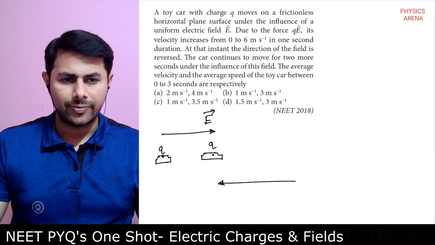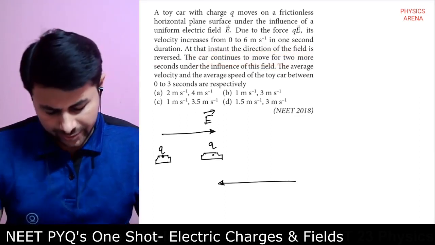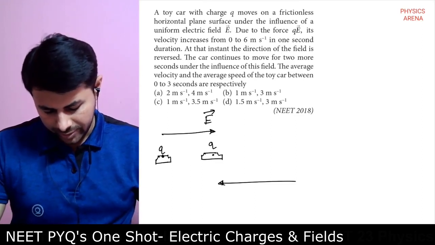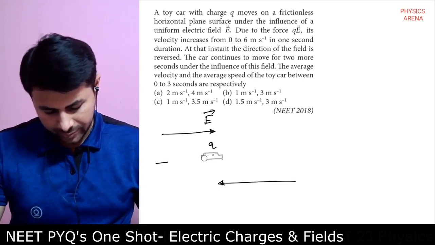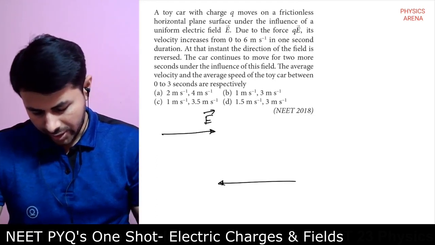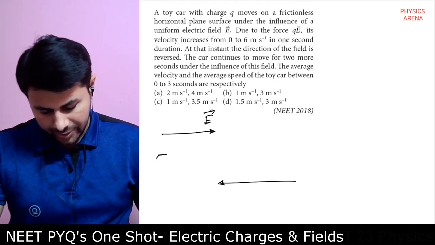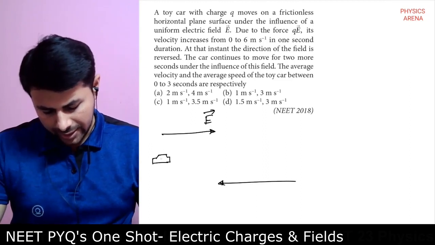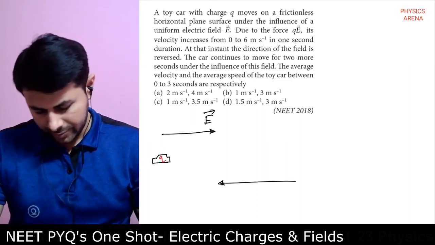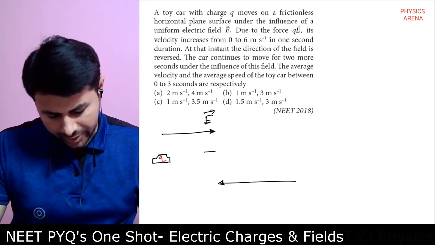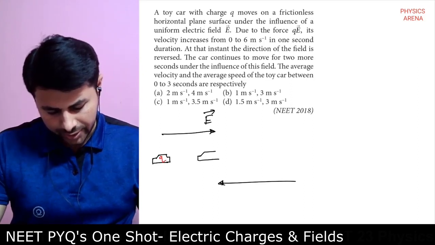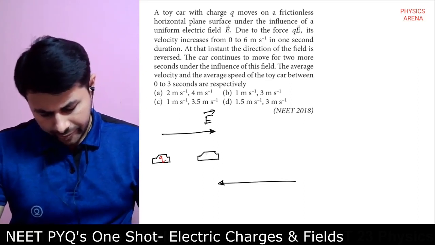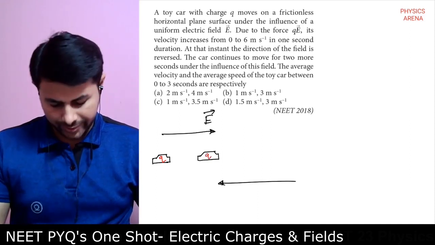Let me explain it once again. So you have a toy car which is kept in a uniform electric field, and this car has got charge Q. It is just placed there.